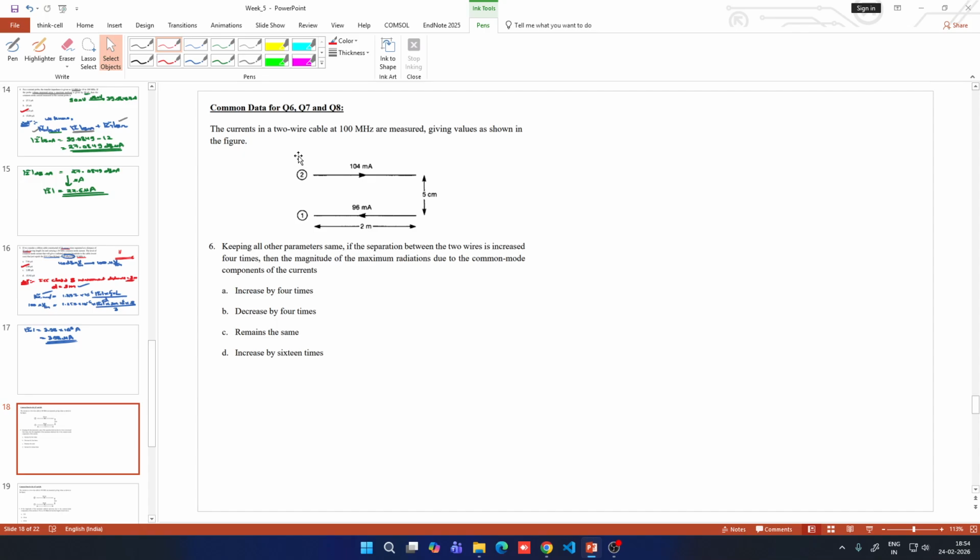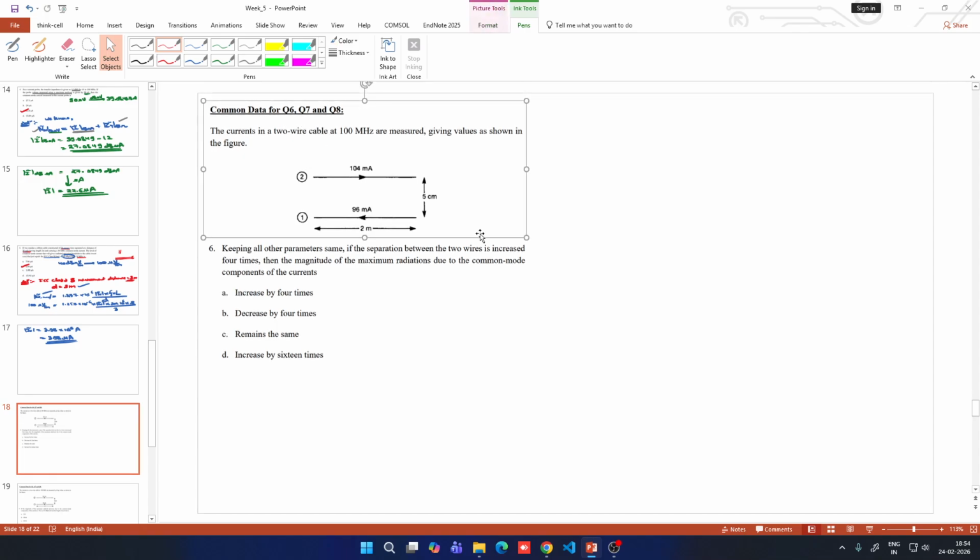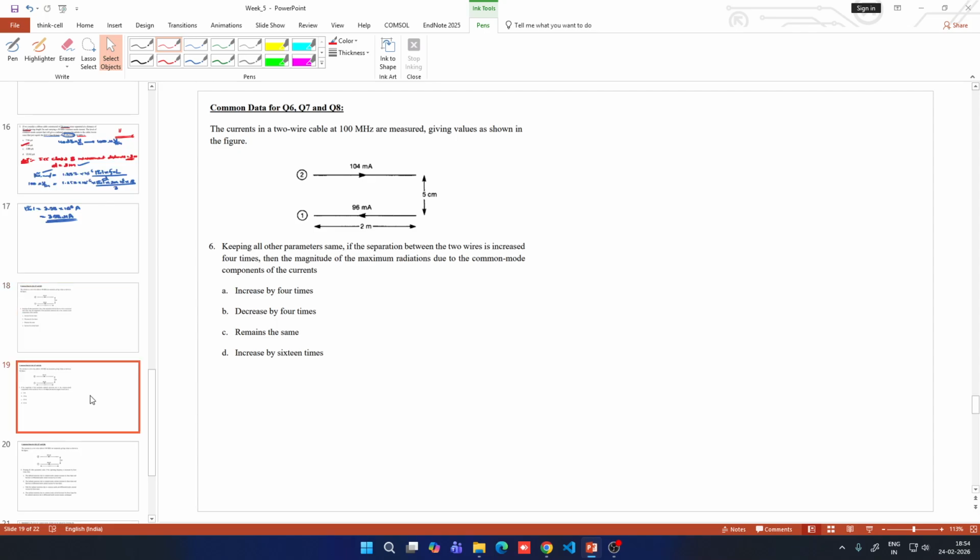So here for question number 6, 7 and 8, data is common. Whatever this 2-wire cable is, it is common for question number 6, 7 and 8. Here it is given that the currents in a 2-wire cable at 100 megahertz are measured, giving values as shown in the figure. They have given us I1 and I2, and we don't know if it is common mode or differential mode or the sum of both.